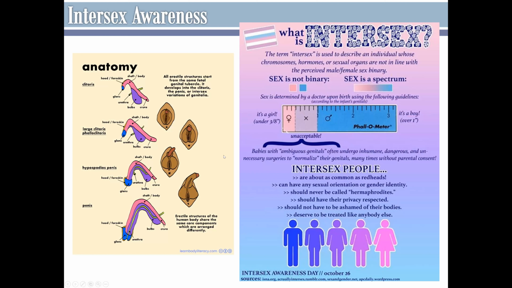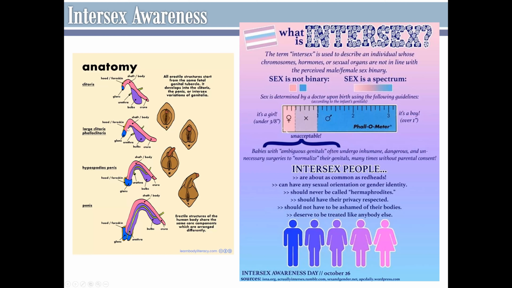And here is an example of how you can end up in this gray range here. We've already looked at the structure of the clitoris versus the penis. Because they both develop from the same developmental structure, you can get structures that end up being kind of halfway between the two extremes.